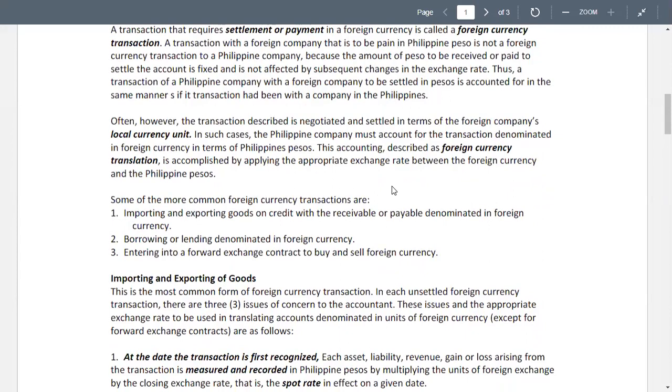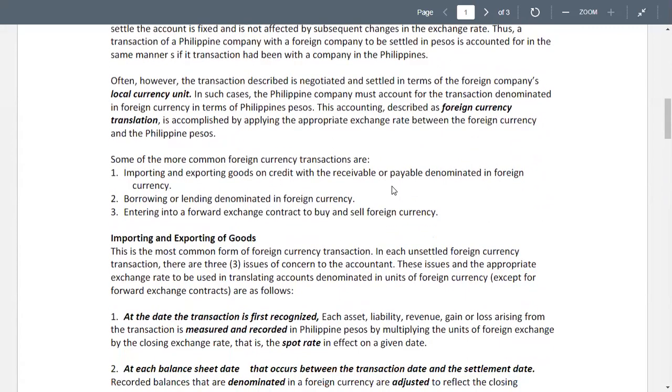Next is importing and exporting goods. This is the most common form of foreign currency transaction. In each unsettled foreign currency transaction, there are three issues. So we have now the three issues of concern of the accountant.